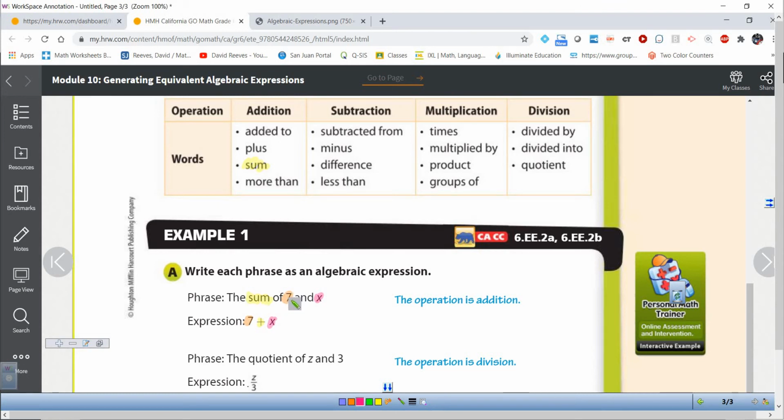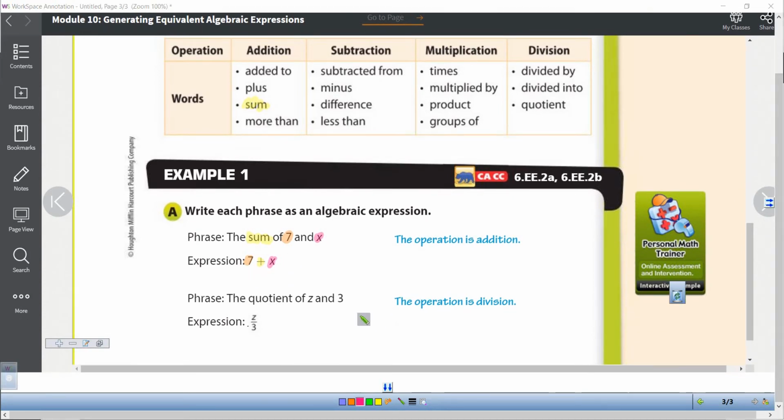So we're translating from words to an algebraic expression. The quotient of z and 3. Quotient, again, is our operation word. Looking up here, quotient is our division word. Again, z is our variable and 3 is our constant. And notice this is division, so the order matters.